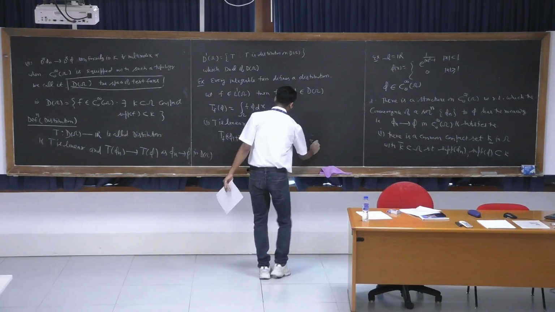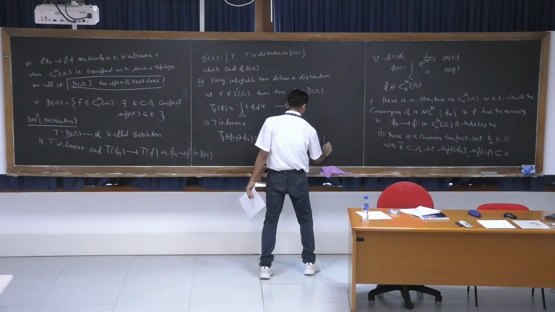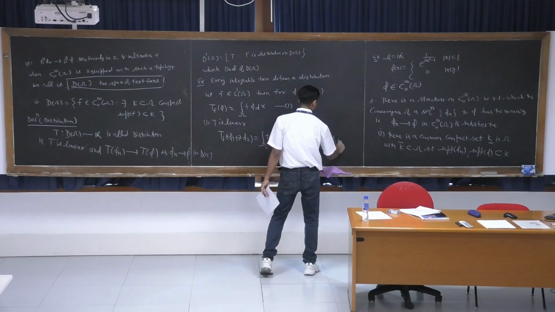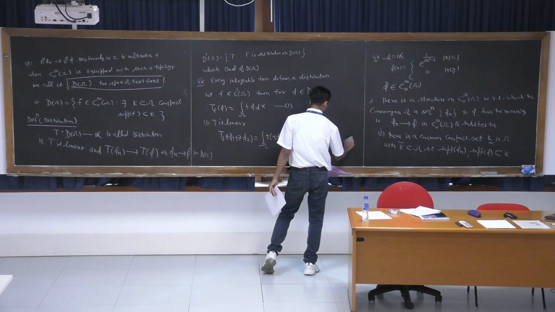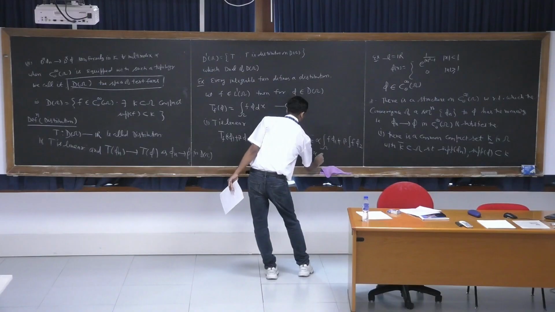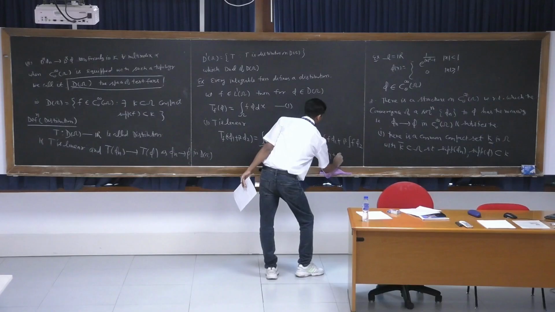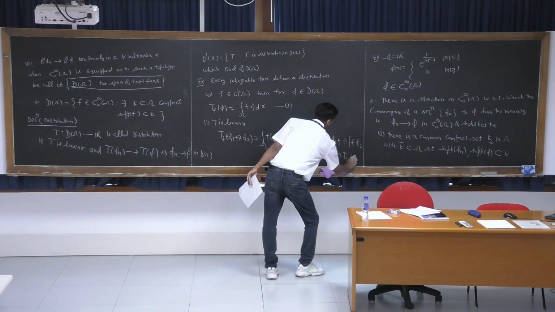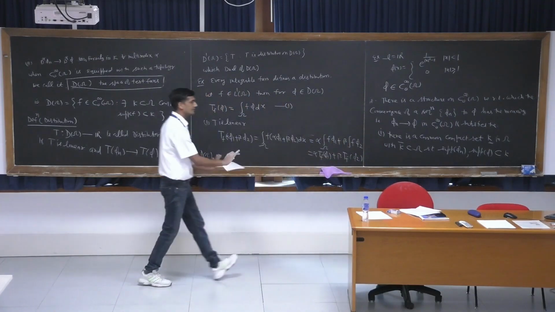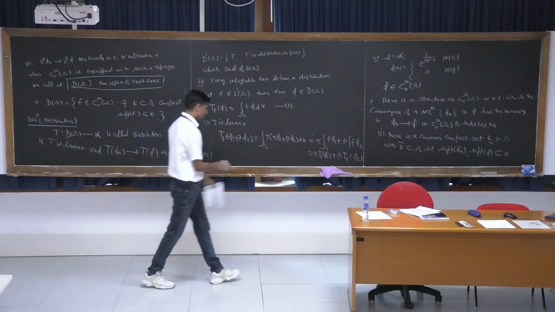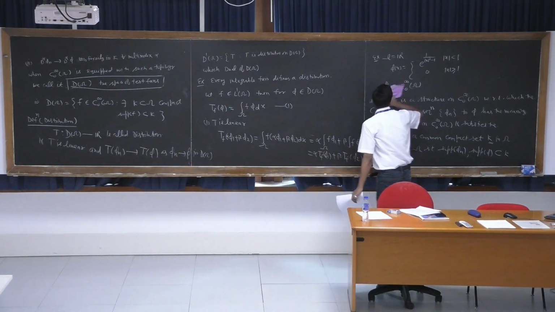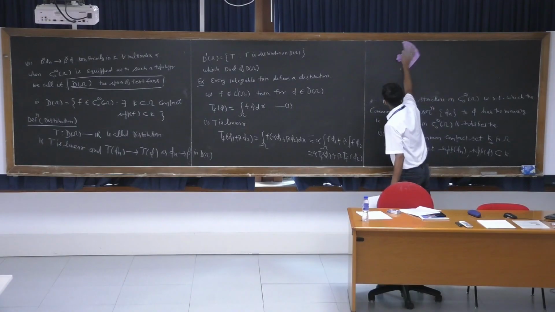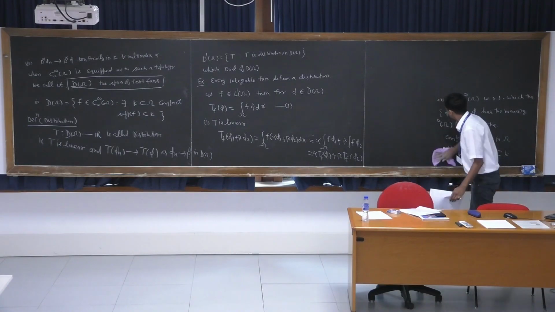It is easy to write this as alpha integral over omega of f phi 1 plus beta integral of f phi 2, which is nothing but alpha T f phi 1 plus beta T f phi 2. So this is linear. This was very easy.